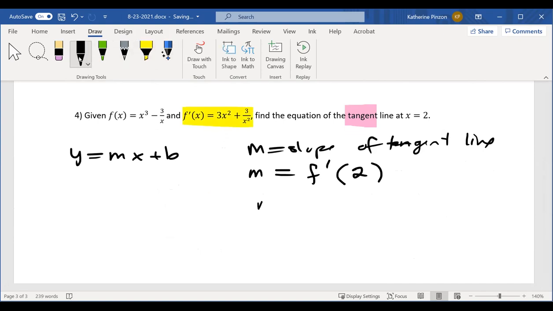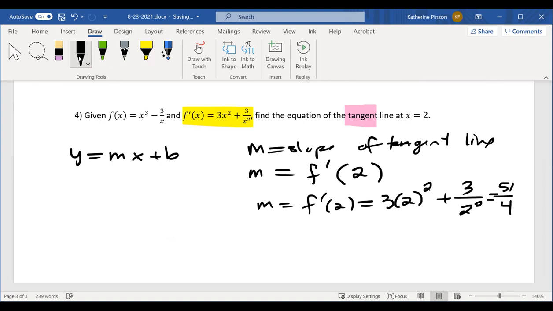If I want to find the slope, I'm going to find f prime of 2, or 3 times 2 squared plus 3 over 2 squared. 12 plus 3/4 is 51 over 4. What do you think? You can put that in your calculator if you want to.